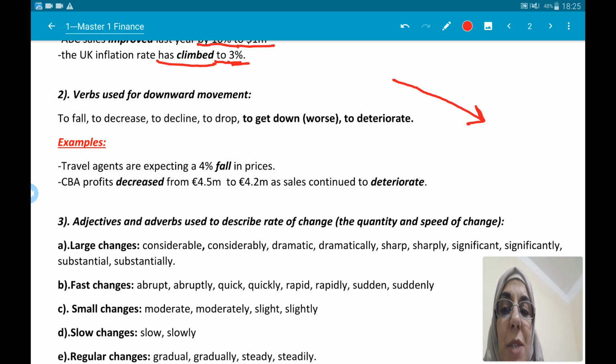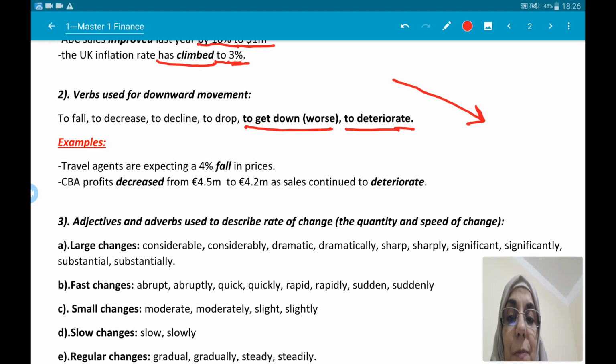So here are the verbs that we may use for such a situation: to fall, to decrease, to decline, to drop, to get down, to deteriorate. So to get down or to get worse. The two last verbs again, to get down or to get worse and to deteriorate, are used only for negative situations. We cannot use these for positive situations, of course.